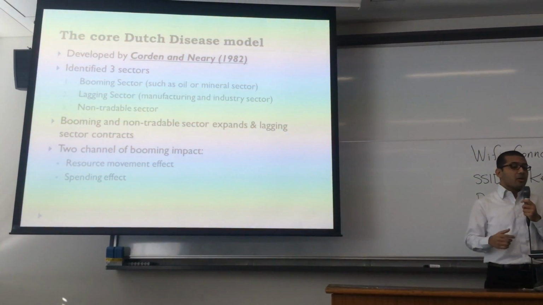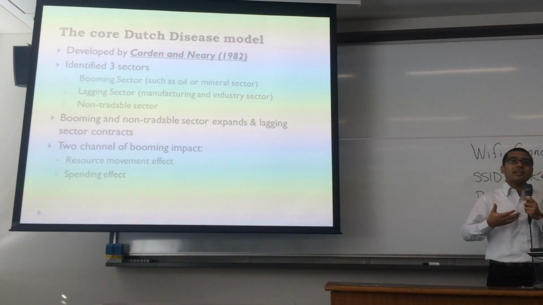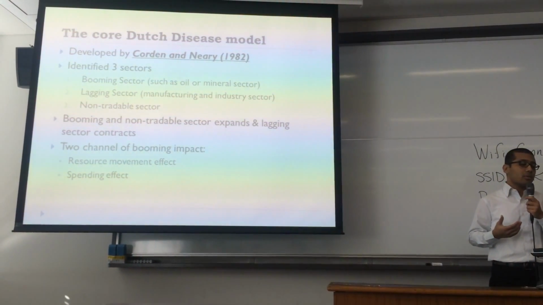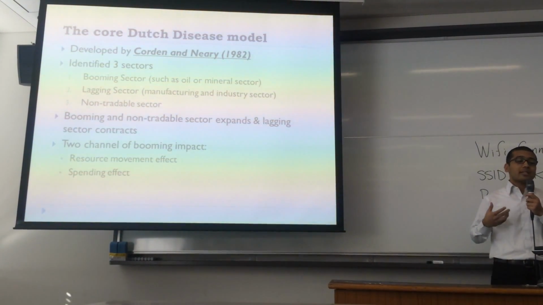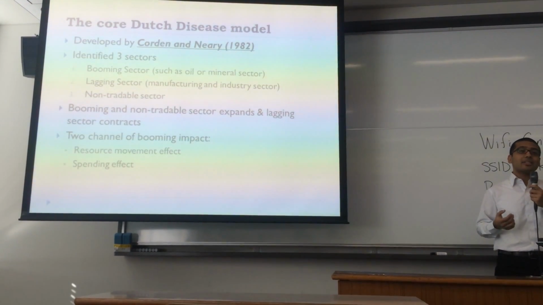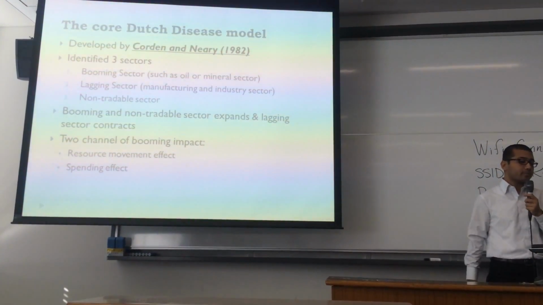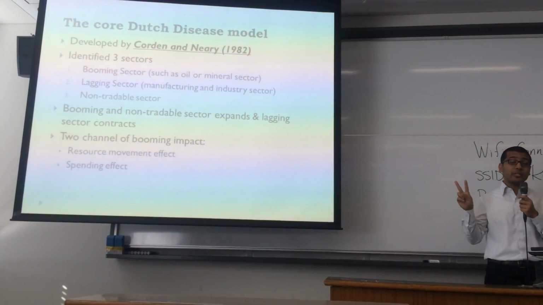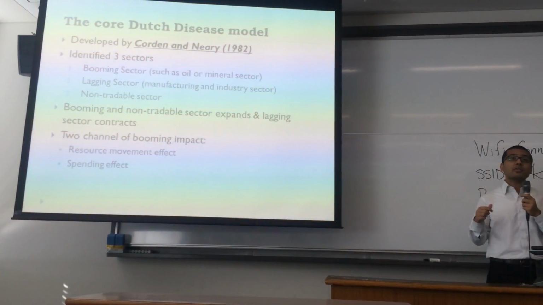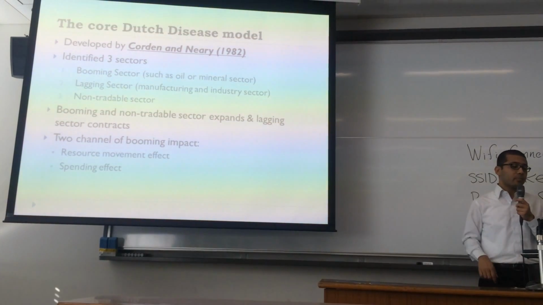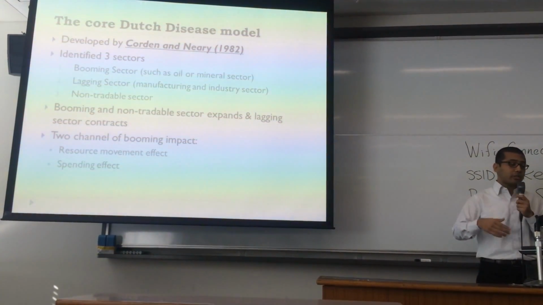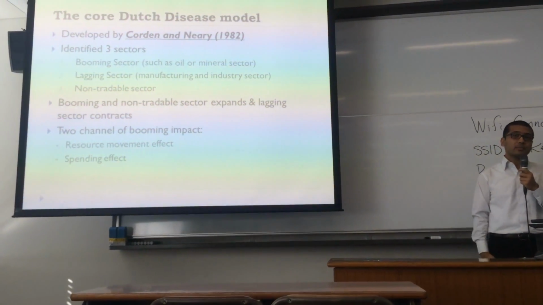Their finding was that in the core Dutch disease model, the booming and non-tradable sectors expand, and the lagging sector, the manufacturing or industry sector, will contract. And this is because of a 2-channel effect: the resource movement between these sectors and the spending effect.